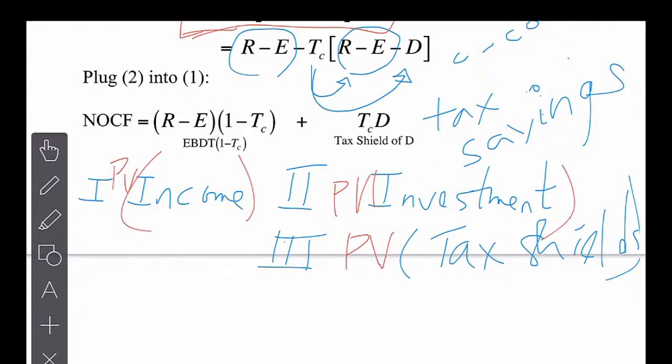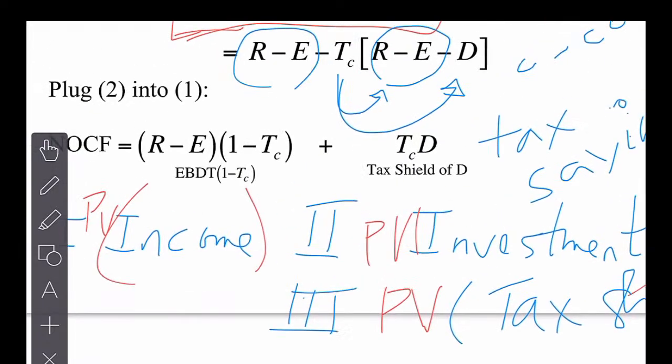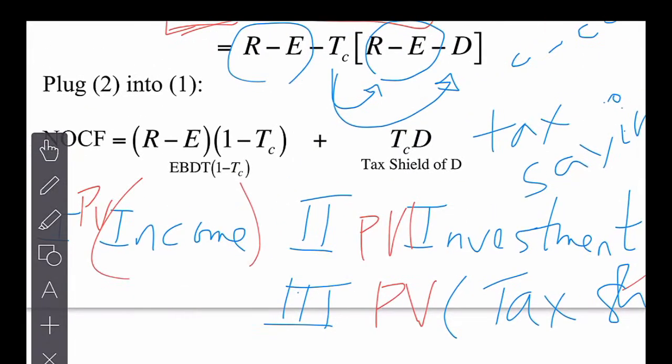He's asking me a question. This is earnings before depreciation and before taxes after tax. As I said, whenever you see 1 minus TC, you read after tax. One minus TC is after tax.